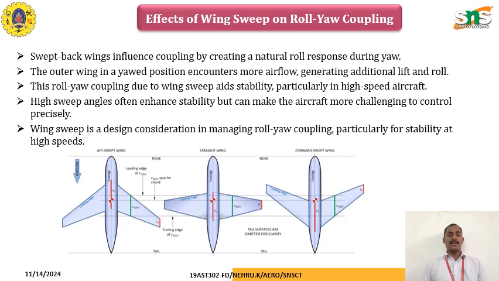This is the roll yaw coupling due to wing sweep, which affects stability, particularly in higher speed aircraft. Higher aspect ratio or higher sweep angle often enhances stability but can make the aircraft more challenging to control precisely. Wing sweep is a design consideration in managing roll yaw coupling, particularly for stability at higher speed operation.